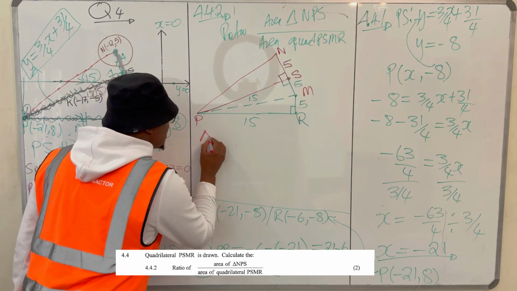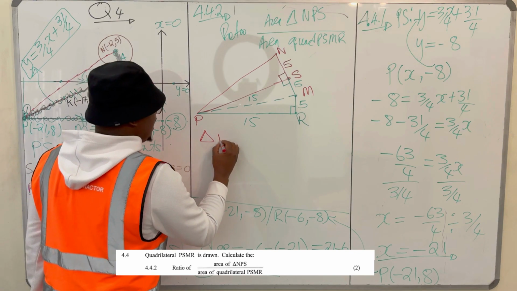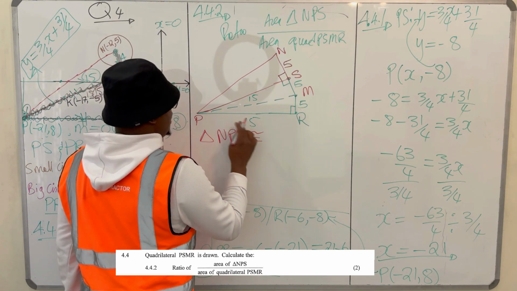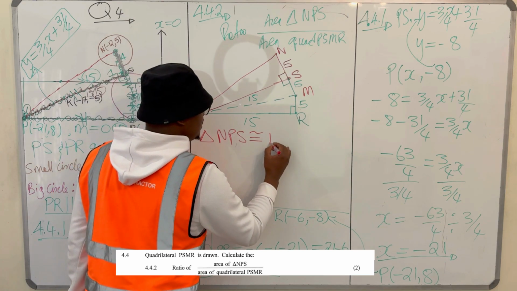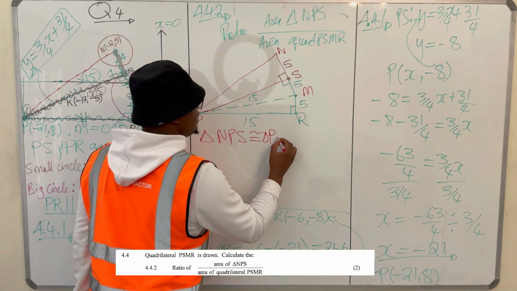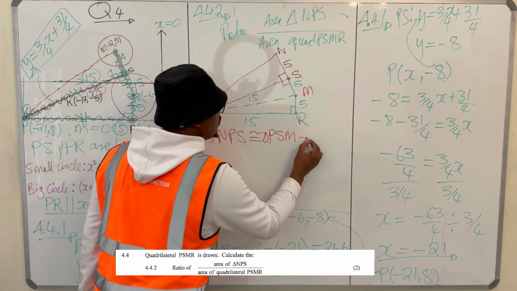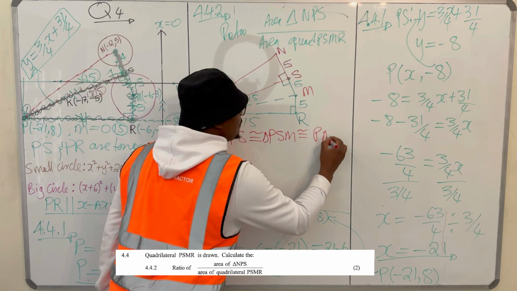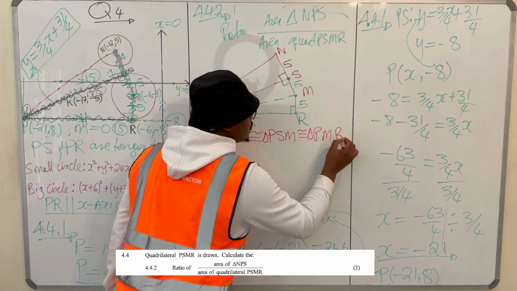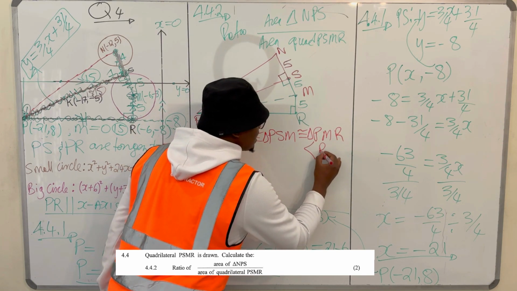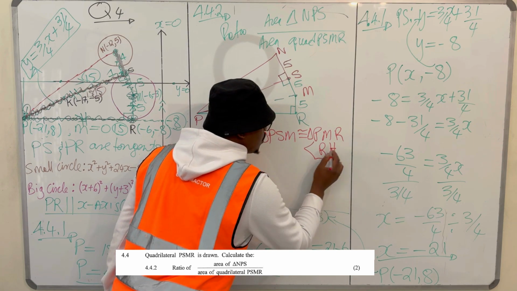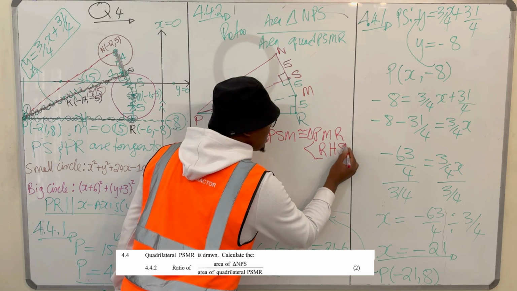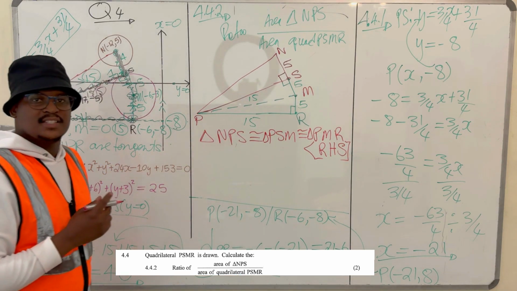So you can say that your triangle NPS is congruent to triangle PSM, which is also congruent to triangle PMR. What is the reason? Because these are right angle triangles with the same hypotenuse of 15 units and a side of 5 units.